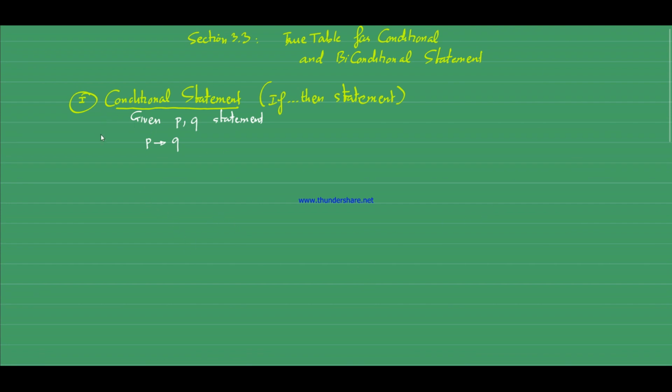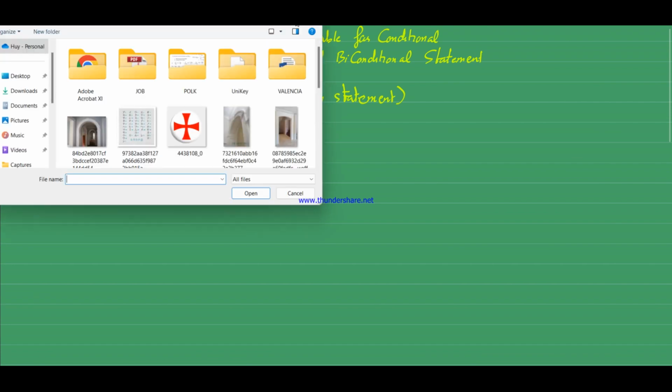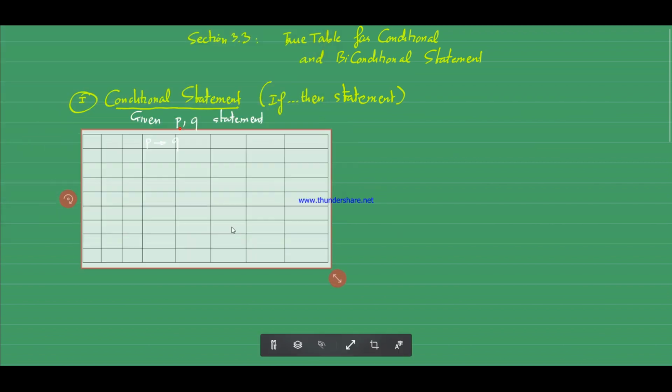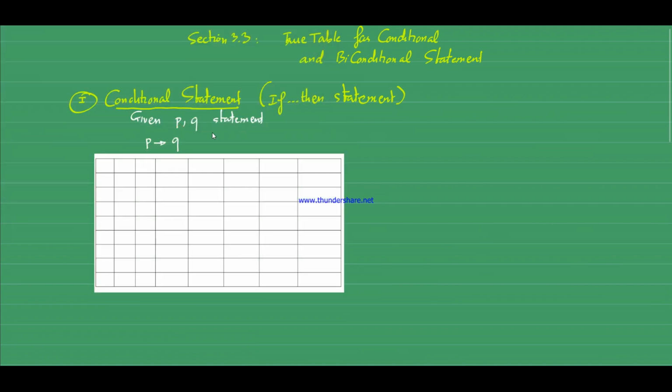I'm gonna just draw the table because this should be a simple one. We have it here. So we're gonna put P and Q here.